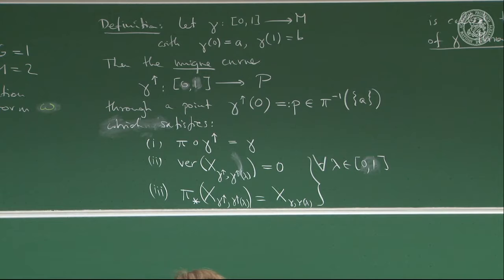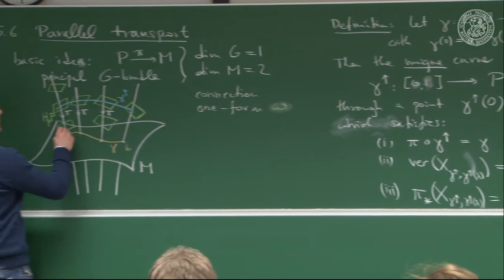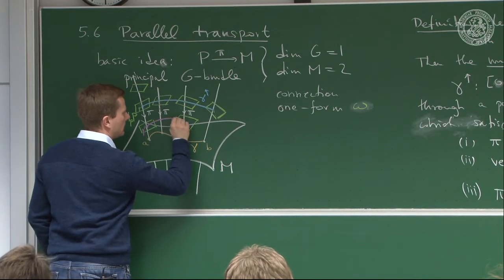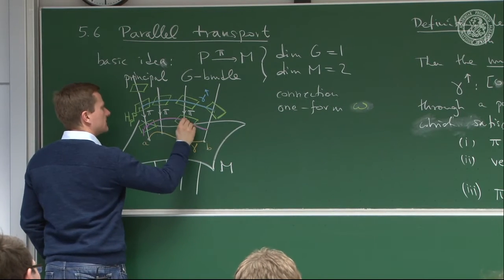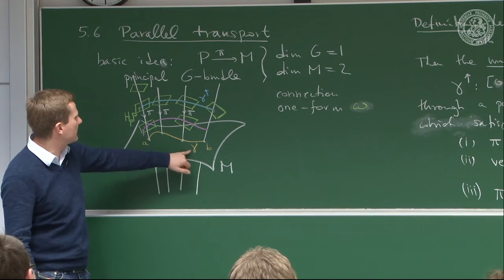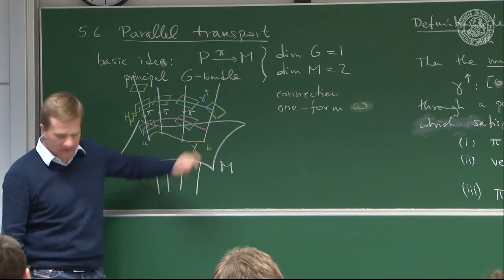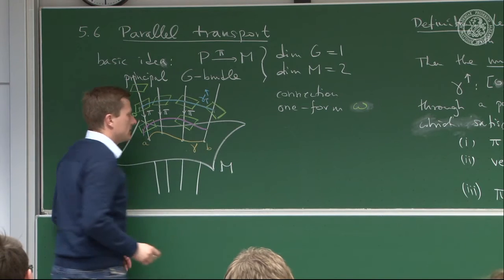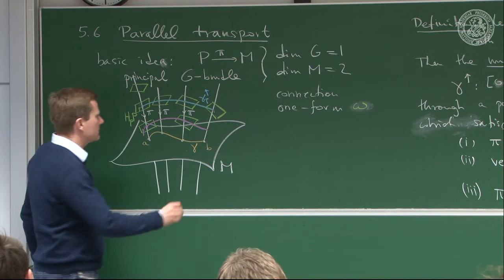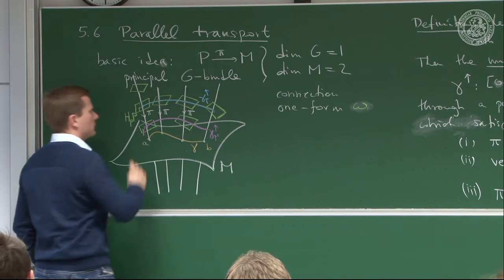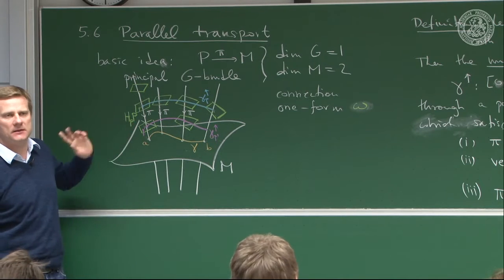Okay? Thank you. So, of course, if we start at another point P here, or P prime here, then we get another curve that connects all these fibers, and which is a horizontal lift of gamma, but it's a different one because this is the one, maybe one should indicate this, this is the one through the point P, whereas this is the horizontal lift, gamma horizontal, through the point P prime at the starting point here.